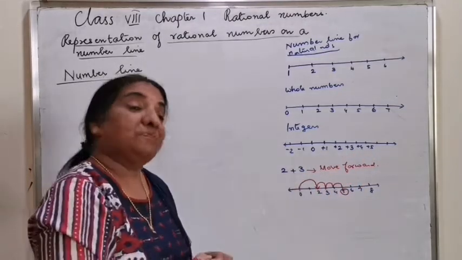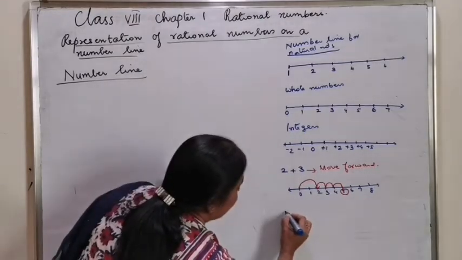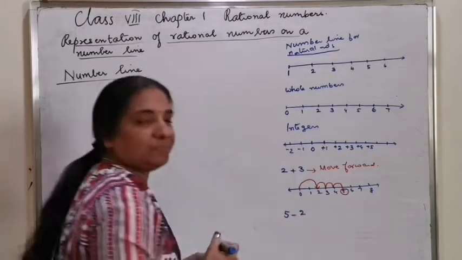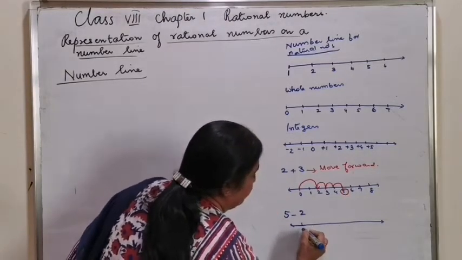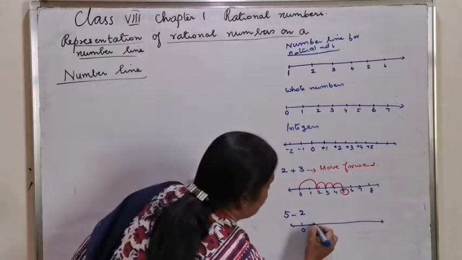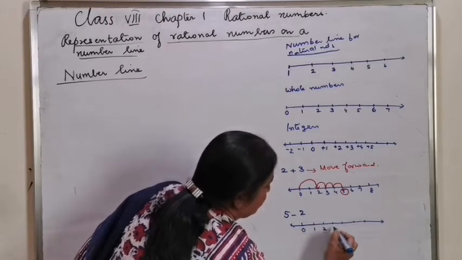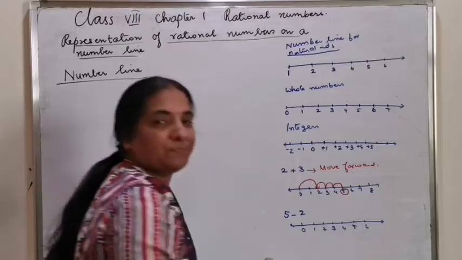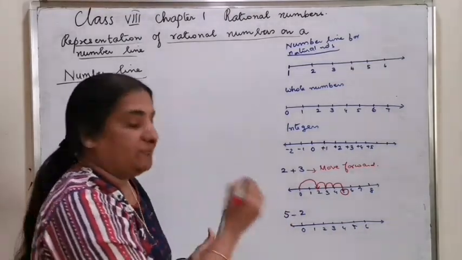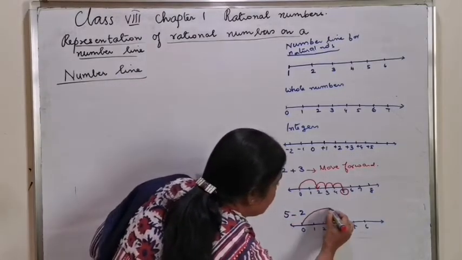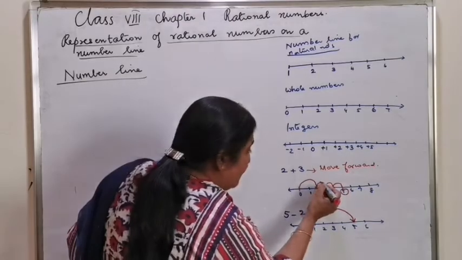What about subtraction? If you are asked to subtract 5 minus 2, in the same way you will draw a number line and plot the points 1, 2, 3, 4, 5, 6. And for 5 minus 2, first go directly to 5 and then move back.